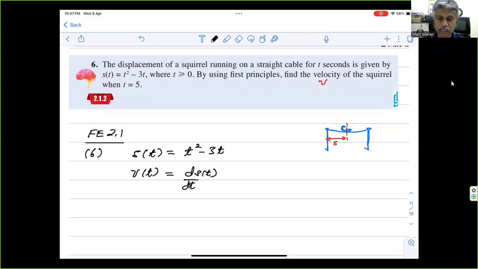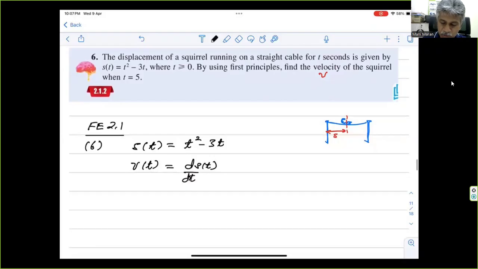Okay, so v is actually ds by dt. Yeah? If you don't want to write a t after the s it's okay. It can be just ds by dt. So this value is equal to limit. Remember earlier we had delta x approach 0. Here there's no x there. So it must be delta t approach 0. And this will be delta s by delta t.